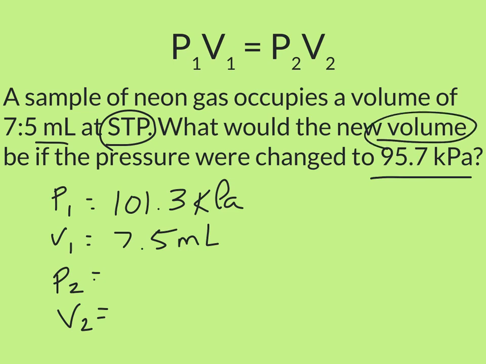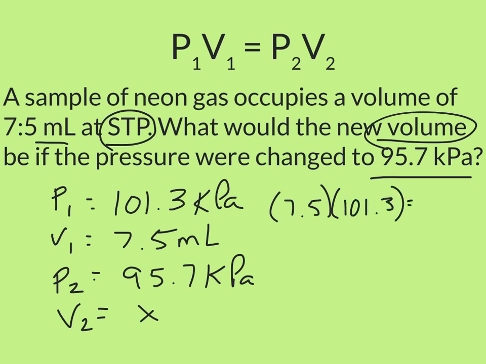So my second pressure will be 95.7 kilopascals, and my volume 2 will be X. Now all I need to do is plug those values into my equation. So I'm going to have 7.5 times 101.3 equals X times 95.7.